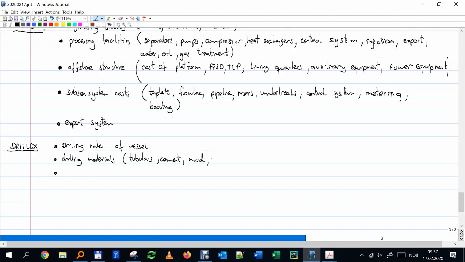Also, if I have any well completion, usually this is also included here: the liners, packers, any inflow control device, SSV, the wellhead.